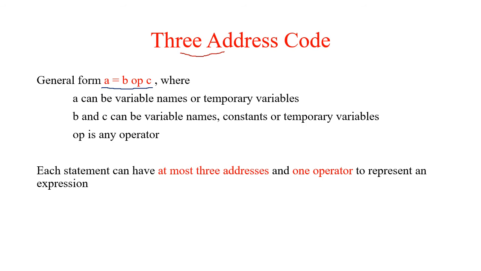Here the statement has three addresses a, b and c, and on the RHS it can have at most one operator. a can be a variable name or a temporary variable like t1 or t2, and b and c can be variable names, constants or temporary variables. op is any operator.